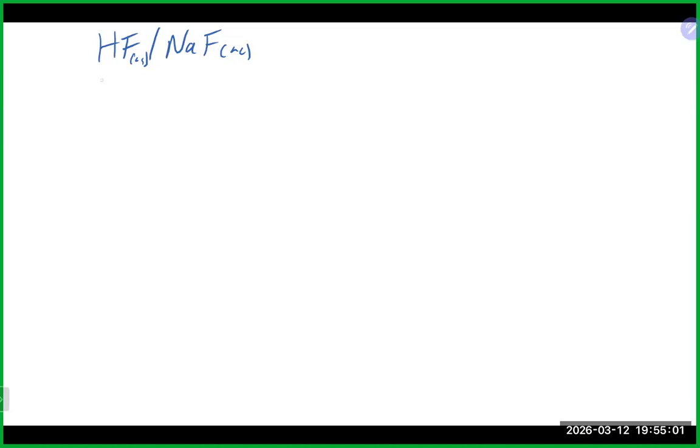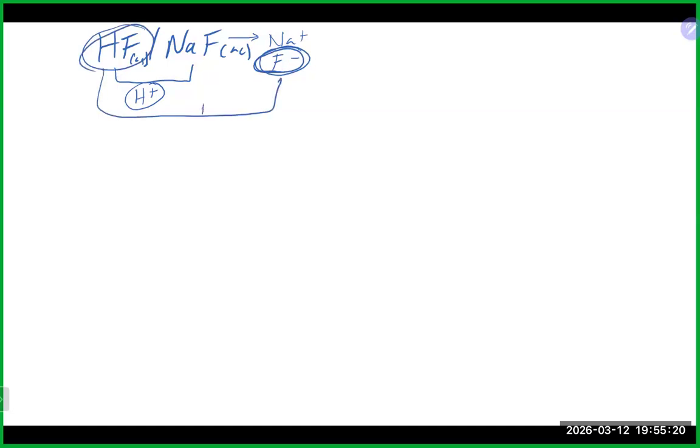And by the way, I do know it is a buffer because the difference here is H plus. And the NaF is actually a salt that's going to break apart to Na plus and F minus. So the real buffering is happening between the F minus and the HF. That is really your buffer part. The sodium here is really just a spectator ion kind of hanging out.